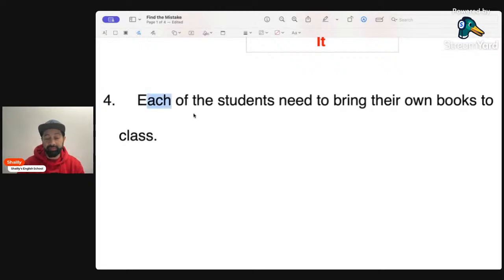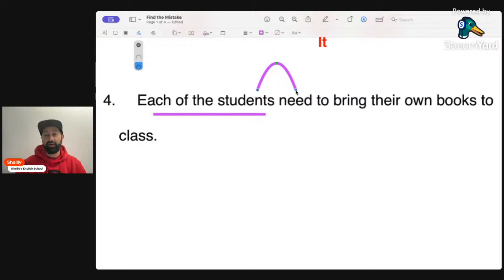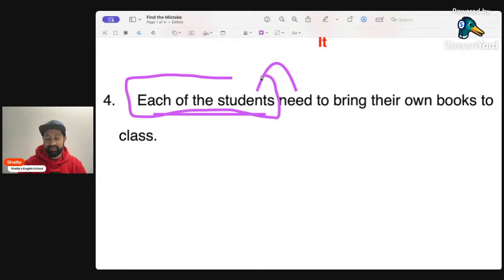Our subject is going to be, if we look right here, let's underline it, each of the students. Now, a lot of people are going to be matching students with need. So we think, oh, this is a correct sentence. But the entire subject is each of the students. It's not only students.